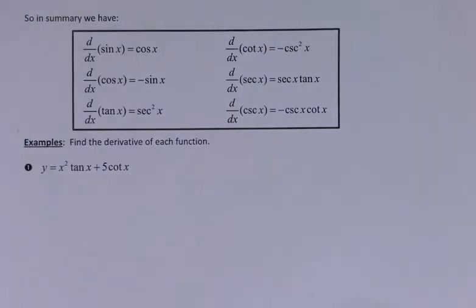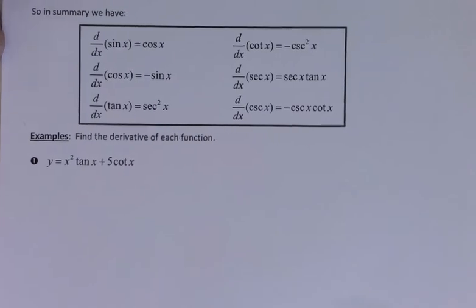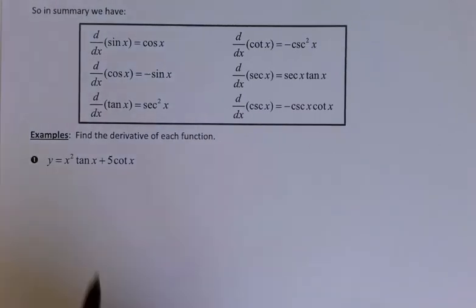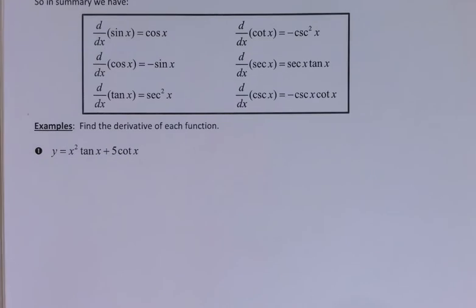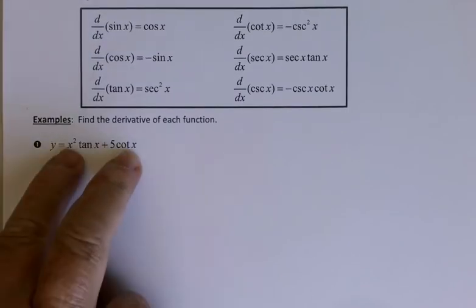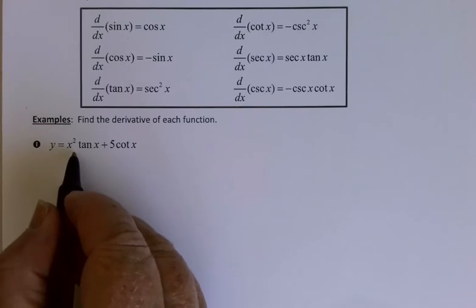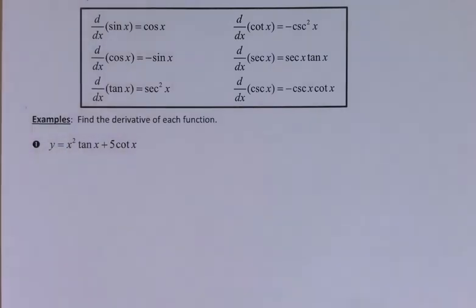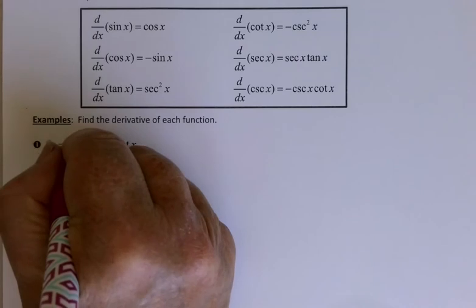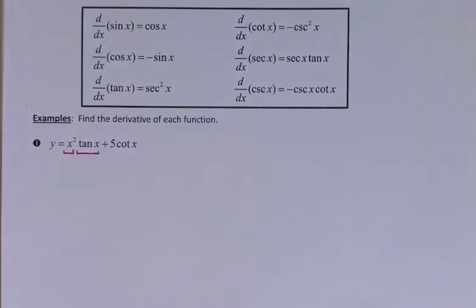All right, so let's find the derivative of each of these functions in these two examples here. In number 1, I've got two terms which can be handled separately, right? But within the first term, I'm going to notice a product rule. So let's deal with the first term before I even worry about the second one.